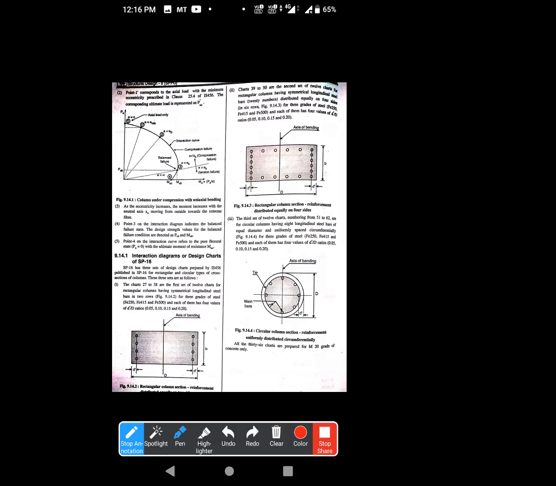At point 4 you can see there is a pure flexural moment.